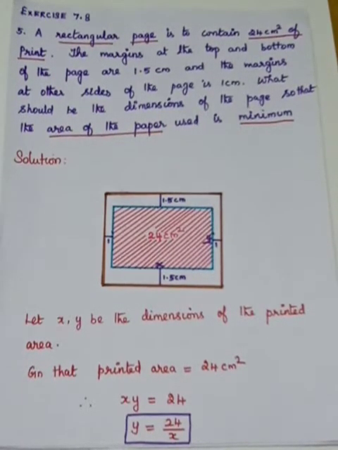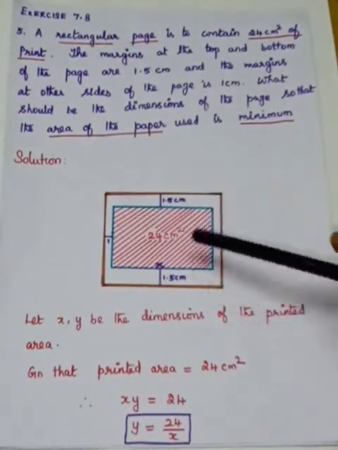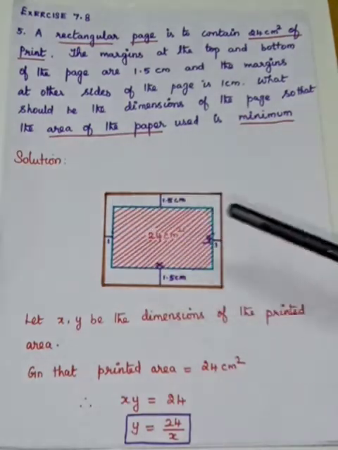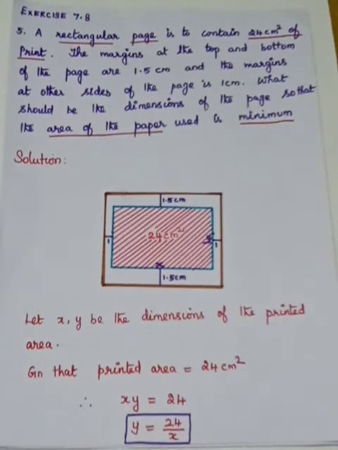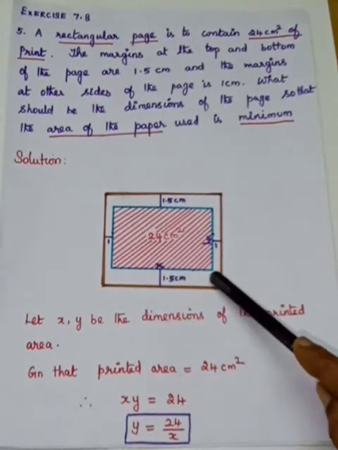So from the given result we have written that. Next you have to see which should be maximum or minimum. Here, the area of the paper is minimum. The area of the paper means the whole page including margin and printed area; everything has to be considered. From this distance to this distance is x.